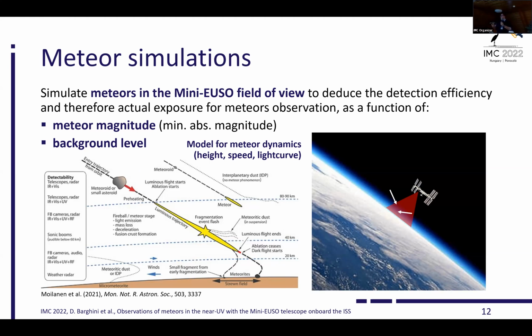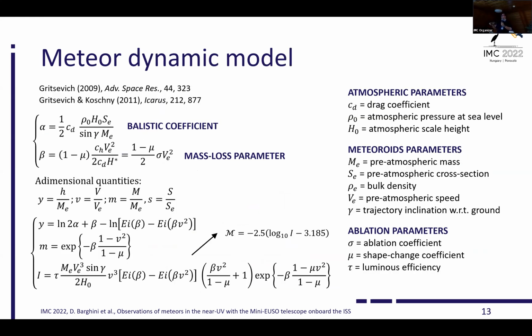And so the exposure is time, area and angle. The area part and the angle part are constants for our observations. But the efficiency, so the time, is the question in this case. So we implemented this model, and basically to generate a population of meteors, we randomly sort on these quantities.